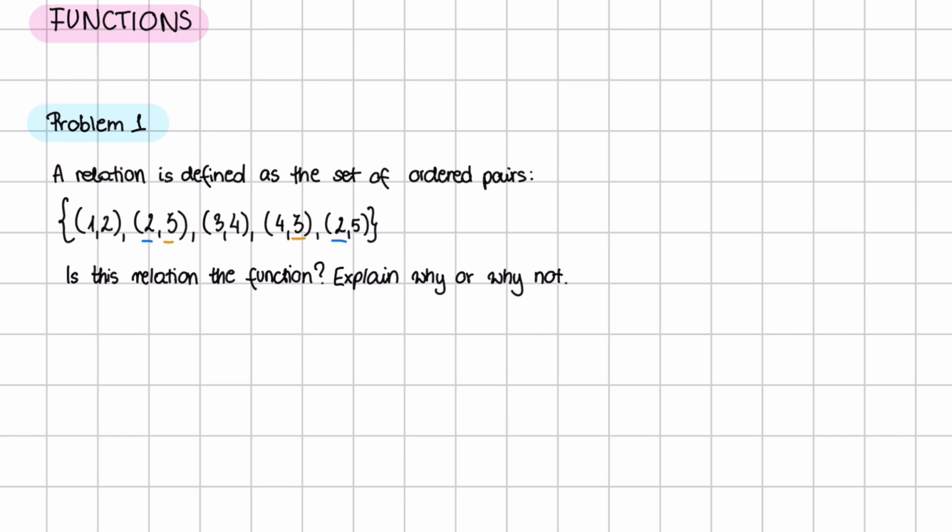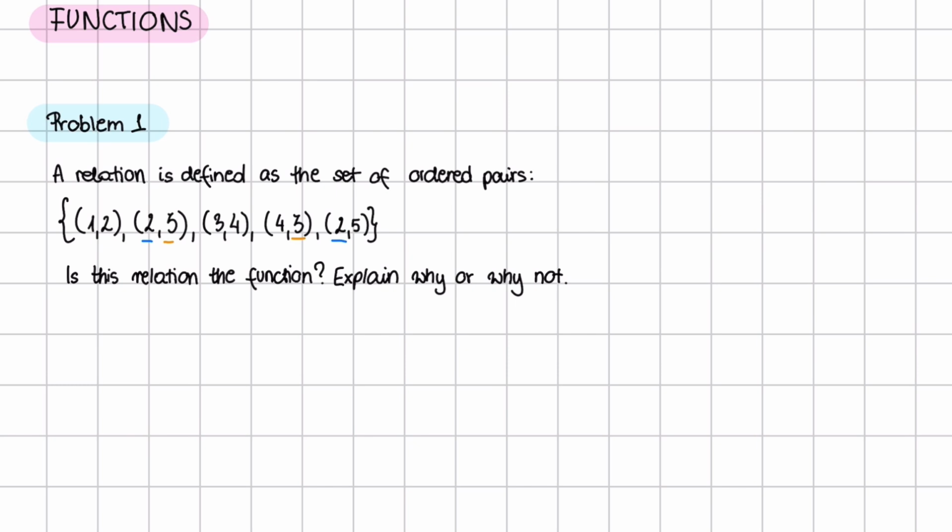Now we can answer our question of whether this set of ordered pairs is a function. When we have the same y's, it can still be a function. However, when we have the same x's, it cannot be a function.